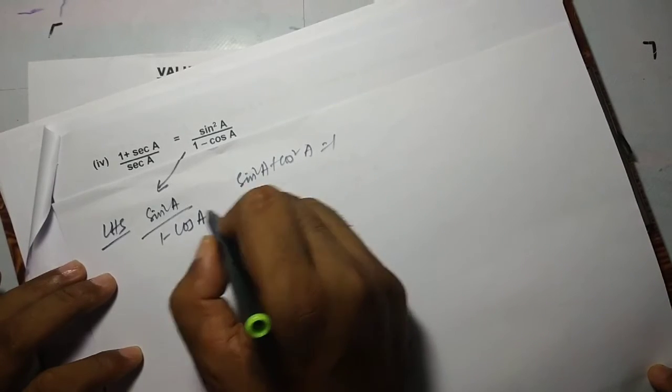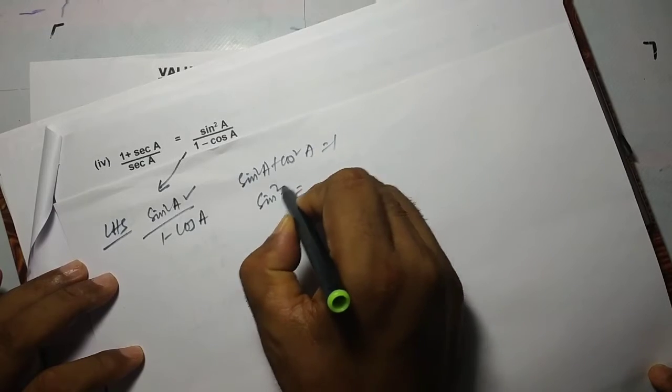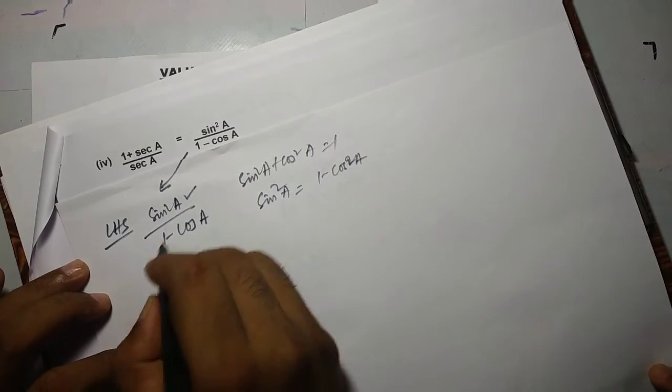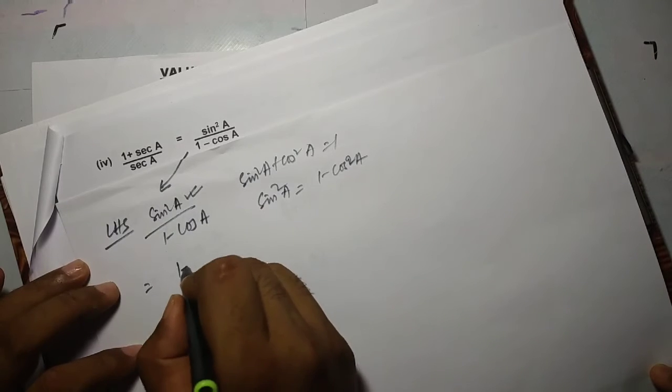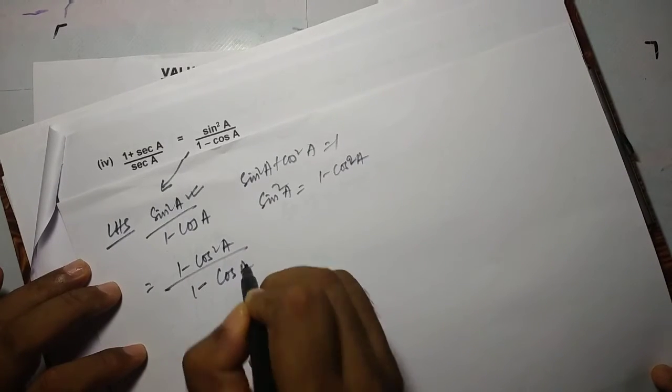So here sin square A is to be replaced: sin square A equal to 1 minus cos square A. So this is equal to 1 minus cos square A over 1 minus cos A.